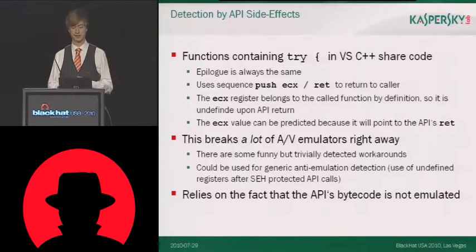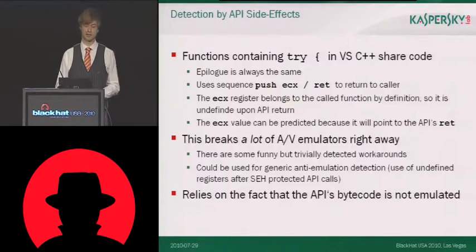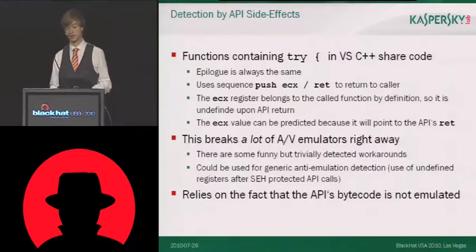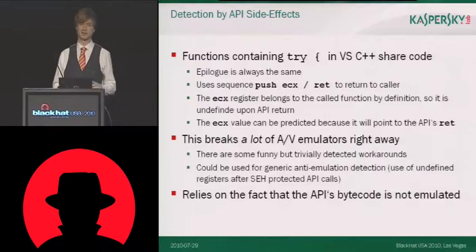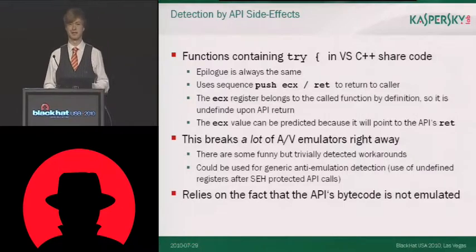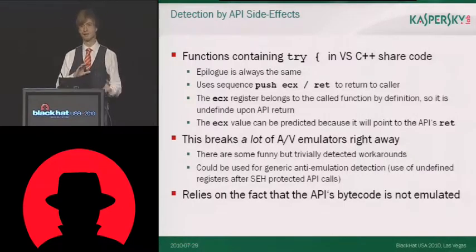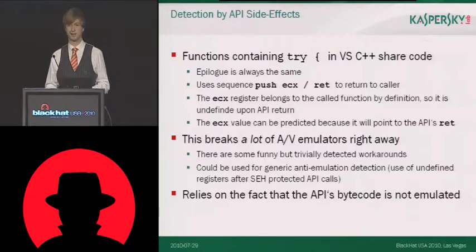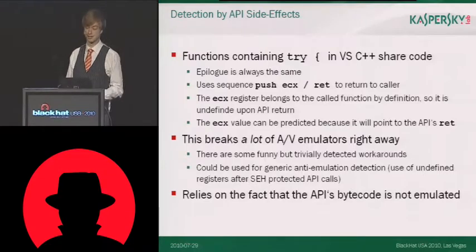Of course, this could also be used from the defense side, for generic anti-emulation detection. Using an undefined register after an API call is suspicious behavior, but then again, compilers sometimes generate strange code. Actually, for Kaspersky we looked into using this for generic detection of anti-emulation tricks, and we had too many false positives, because some strange compilers like Borland, for example, generate code that looks up the values in these registers, never uses them, but nevertheless accesses these undefined registers.